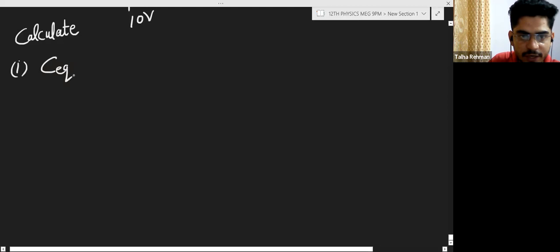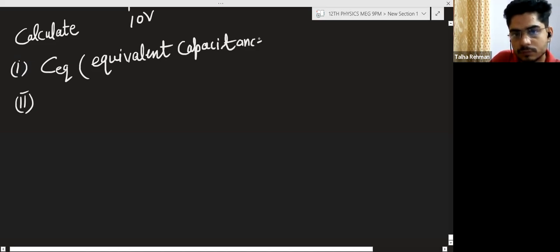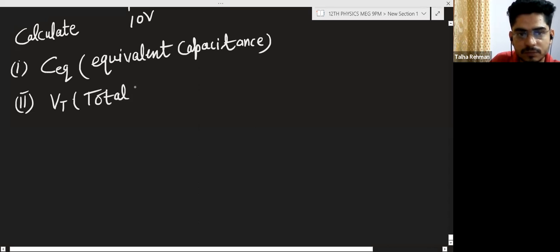C equivalent, means equivalent capacitance. I'm writing here. Equivalent capacitance. Second, total voltage in the circuit.